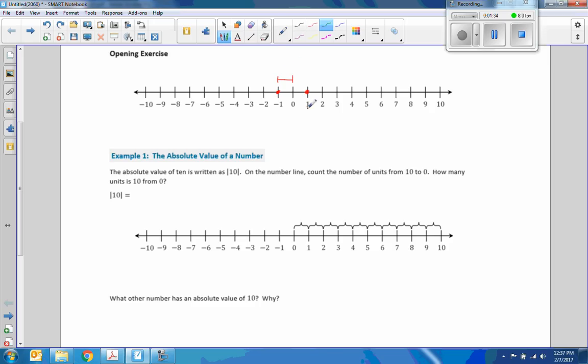So now let's try another one. Let's just pick 6. Okay. So now, if I draw a marker from 0 that measures out to 6, a line segment from 0 to 6, that is a distance of 6.